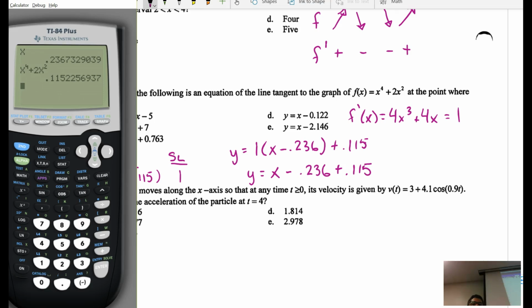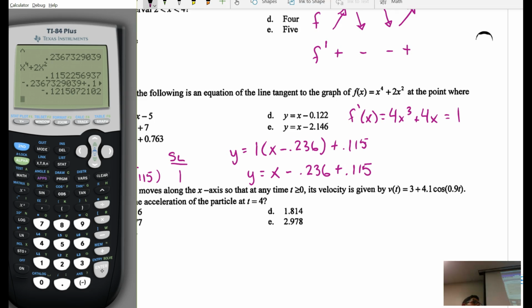And then if we want to not round here, then we could say negative of this number plus that number. And I just scrolled up and copy and pasted into this line. So then the y-intercept that we're looking for is at negative 0.122.